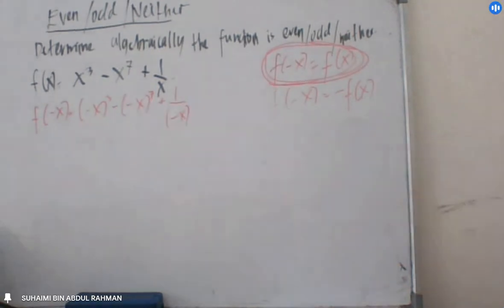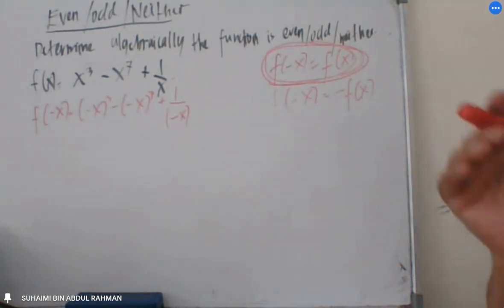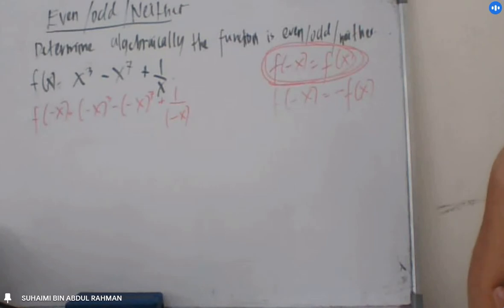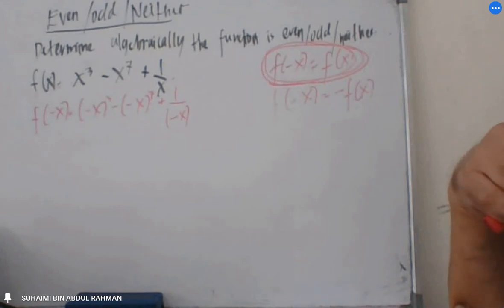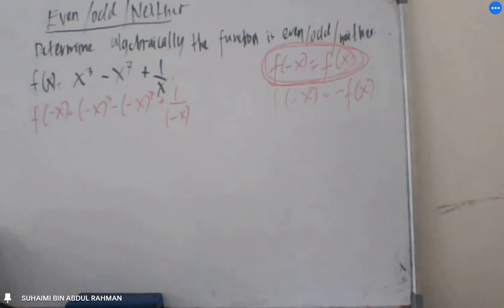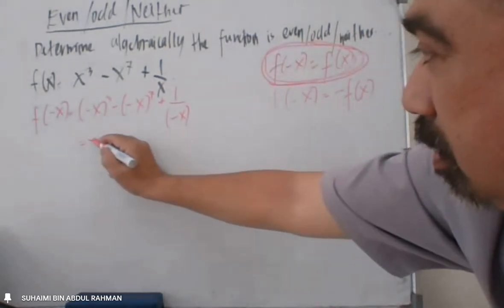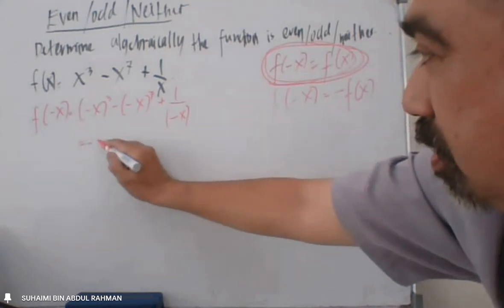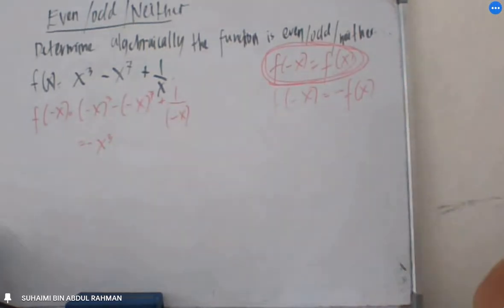What do you have? Negative x to the power of 3 remains.